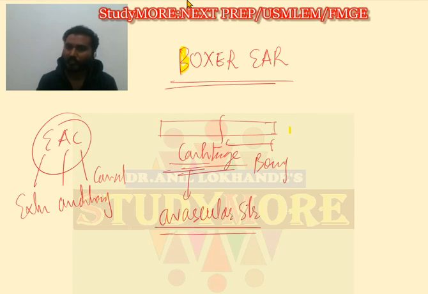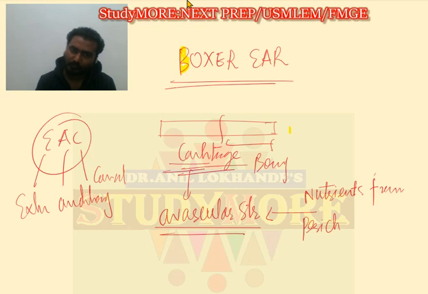Being an avascular structure, it takes nutrients from the perichondrium.